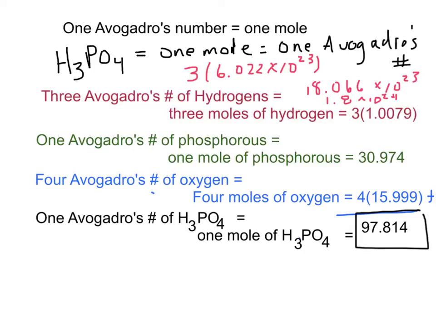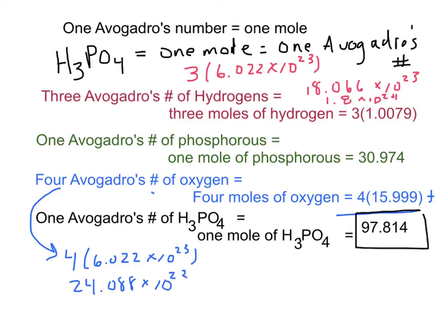Again, down here at the bottom, 4 Avogadro's numbers would be, if we took this one down here, 4 times 6.022 times 10 to the 23rd. And 6 times 4, you've got 24.088 times 10 to the 23rd, which becomes 2.4088 times 10 to the 24th.